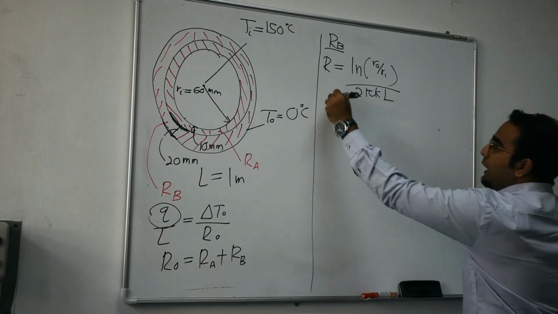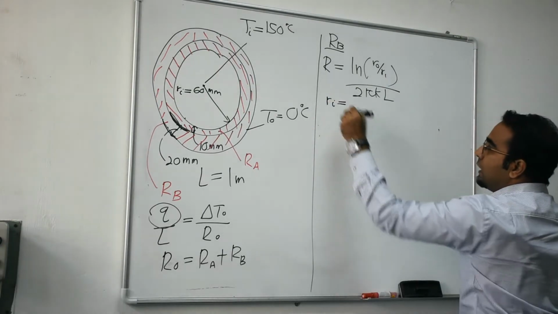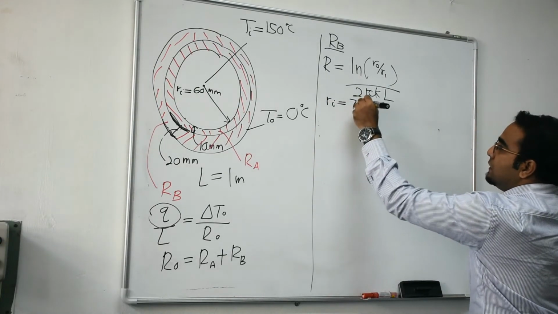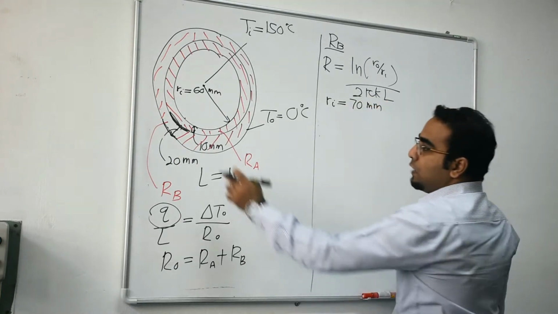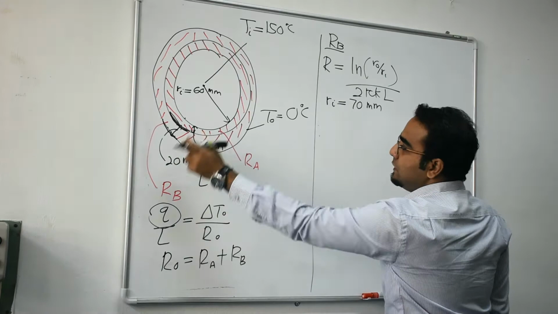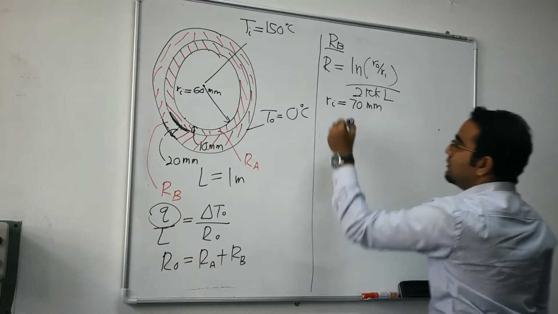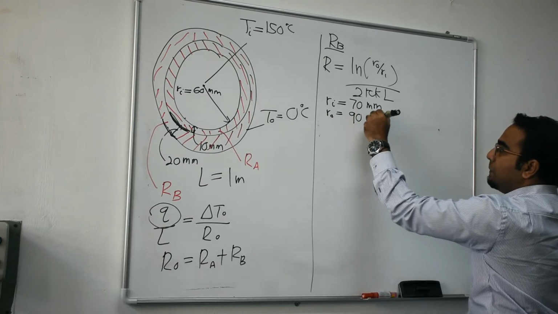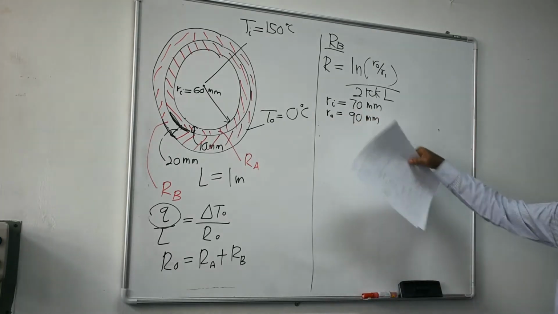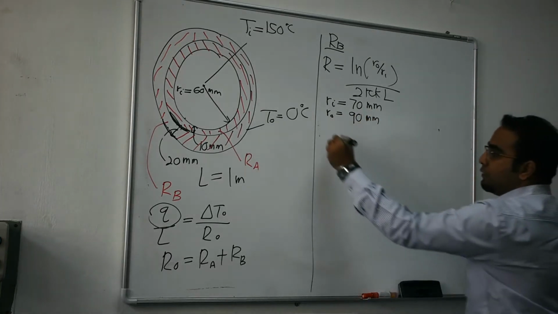So our RI for RB is going to be 70 mm, and then the R outside is 70 plus 20. So RO is going to be 90 mm. So now we have the value. Put in the equation.